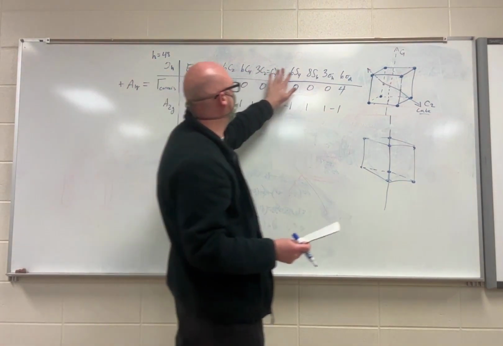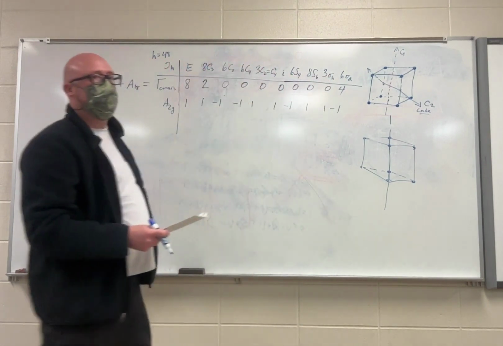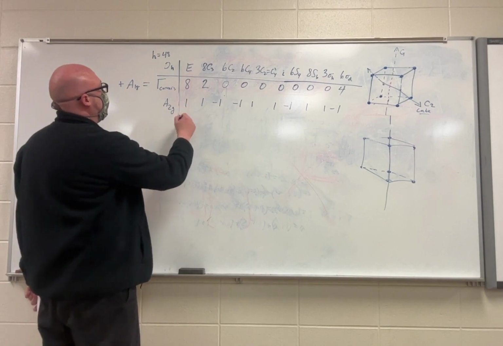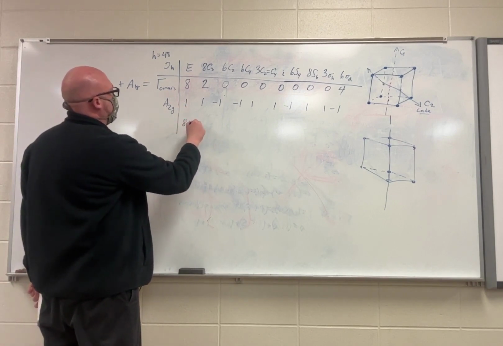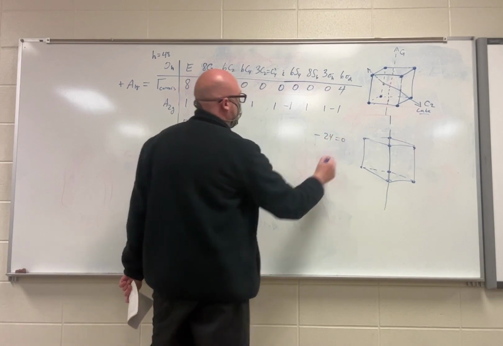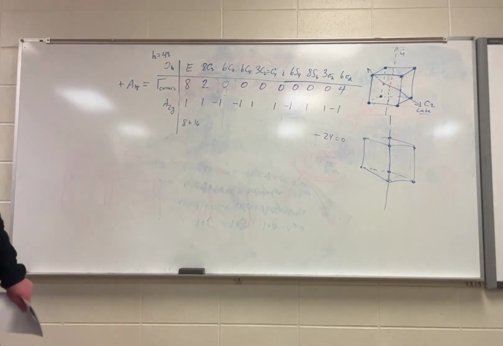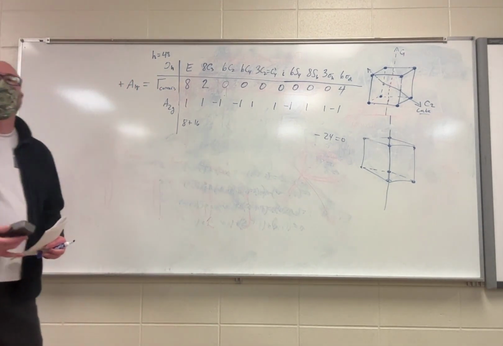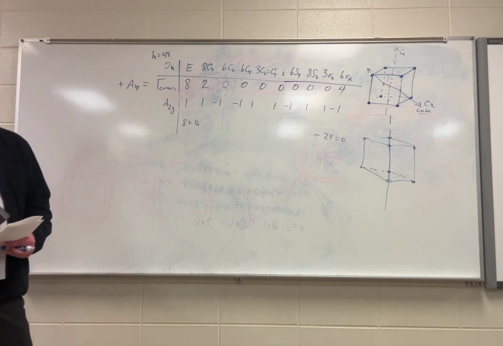We can just skip through all those classes because they have a zero term. So here we see 8 plus 16 minus 24 equals 0. So there are no A2Gs in the representation. Does that make sense?